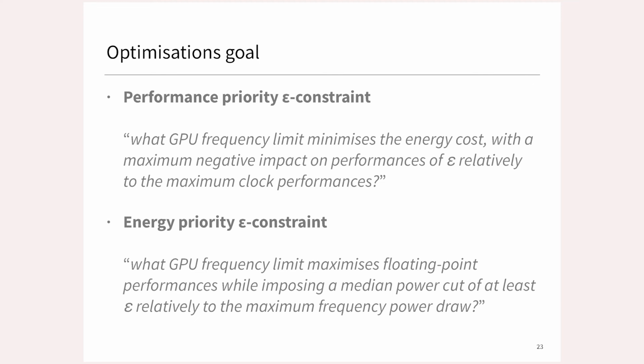It's simply asking the question: what is the GPU frequency that minimizes the energy cost of a certain amount of work, but with, at the same time, a maximum negative impact on performance of a chosen threshold epsilon? So basically you're saying, it's unacceptable for my users that more than 15% of performance is lost, and with this constraint, which GPU frequency is actually the most energy optimal? So this is one first question you can ask.